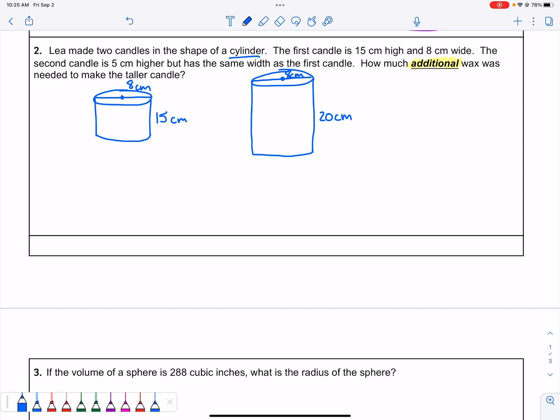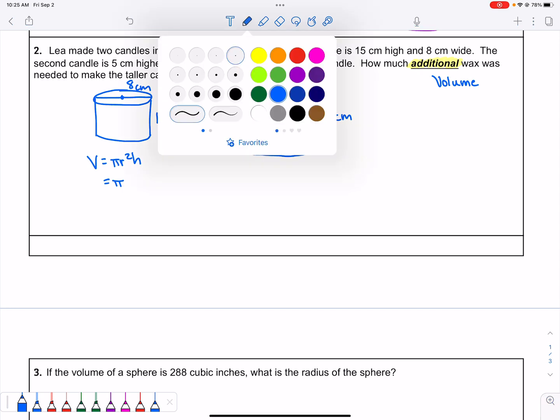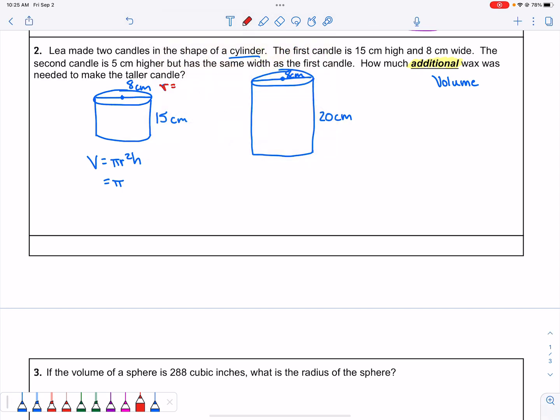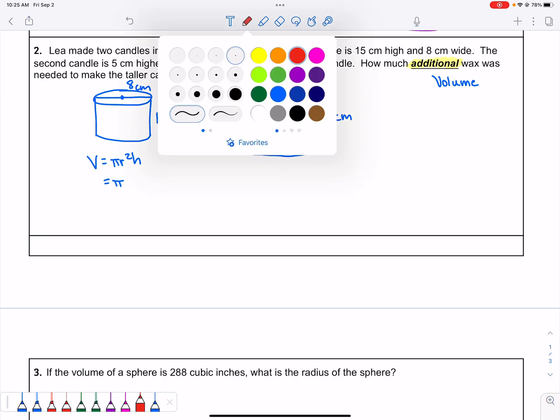So then I need to find the volume because that's how much wax would be needed to fill the cylinder to make the candle. So volume of a cylinder is pi r squared times the height. So that would be pi, and then the radius in this case would need to be half of the 8 that they gave me. So the radius is 4.